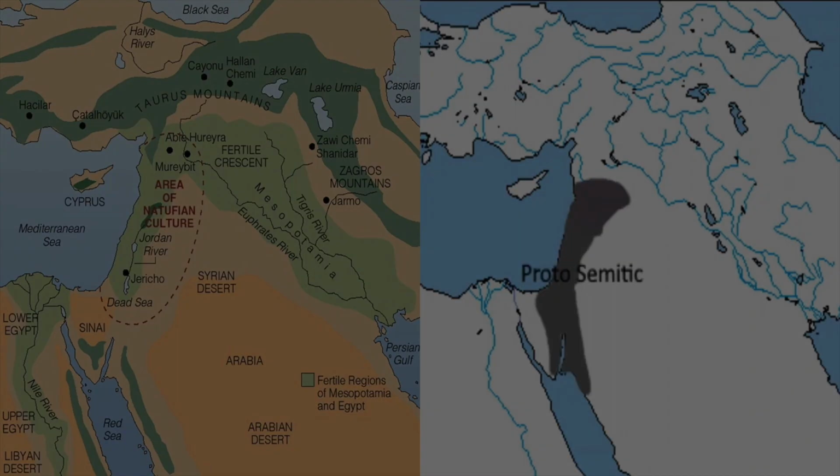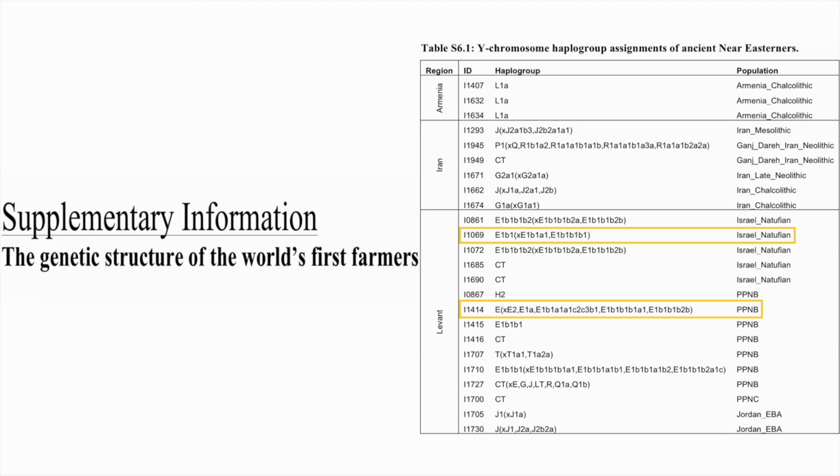Natufian remains. In the supplementary information of the genetic paper titled "The Genetic Structure of the World's First Farmers," we can find a sample titled E1B1 among the Natufian remains in Israel.